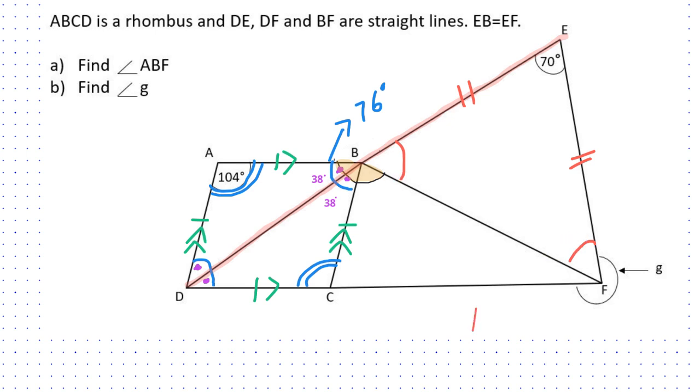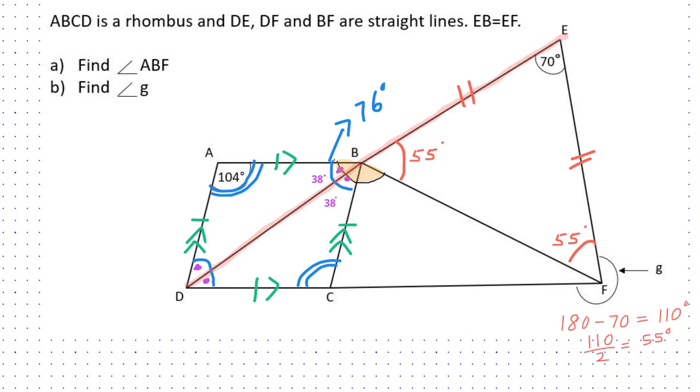Okay, so 180 minus 70 will give us the value of the two angles marked in red, which is 110 degrees. So therefore one angle would be 110 divided by 2, which is 55 degrees.